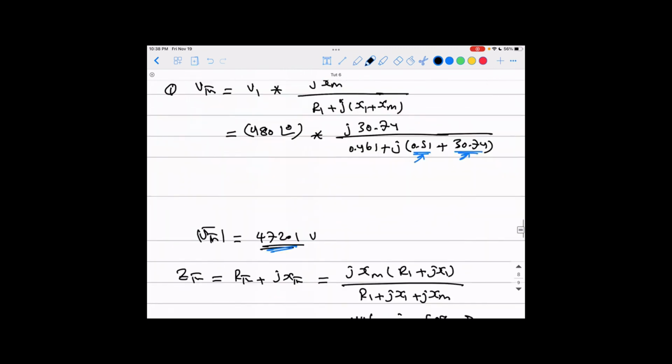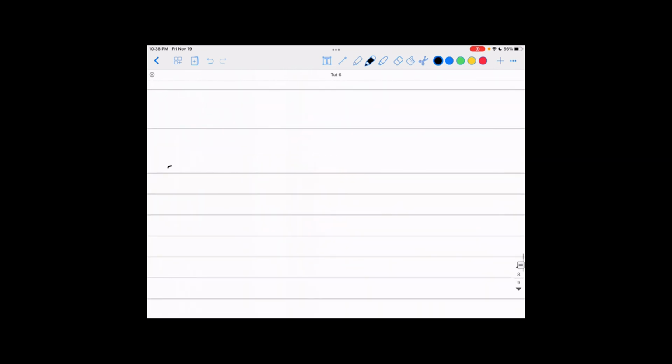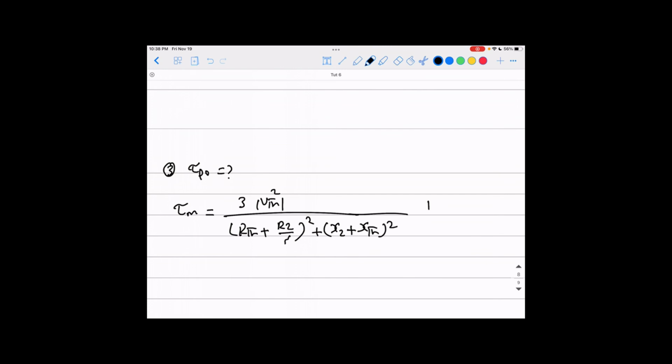Number 3 wants you to find the pullout torque itself. So go here to find the pullout torque. Again, you can find it directly from the derived equation we found back in the lecture, but I like to go with the general torque speed characteristics equation: 3 times the magnitude of V Thevenin squared, divided by (R Thevenin plus R2 over S) squared plus (X2 plus X Thevenin) squared, times R2 over S omega S. That is the general equation that can be used for any condition.